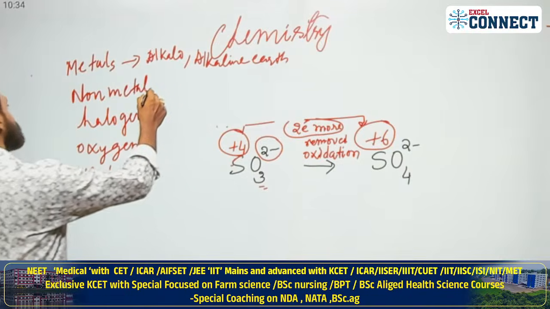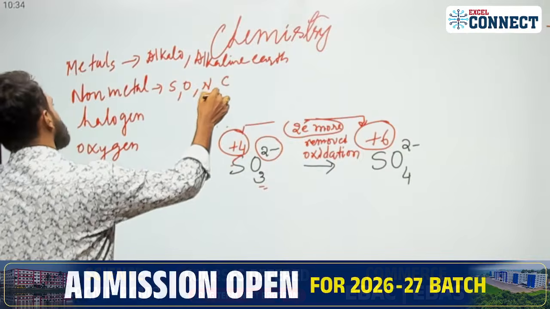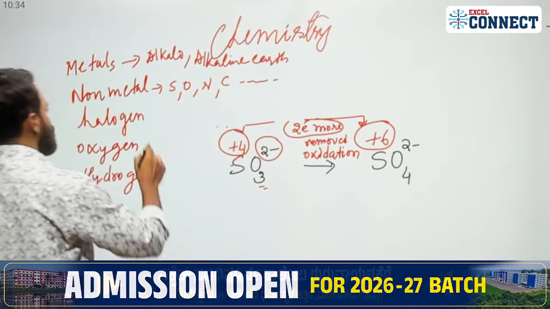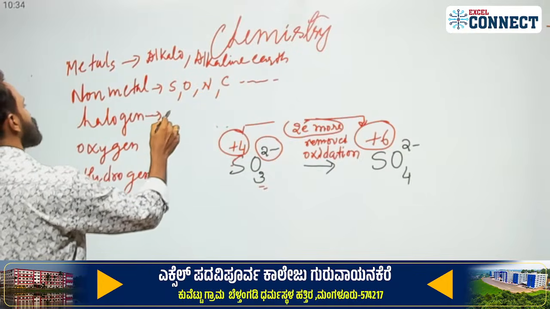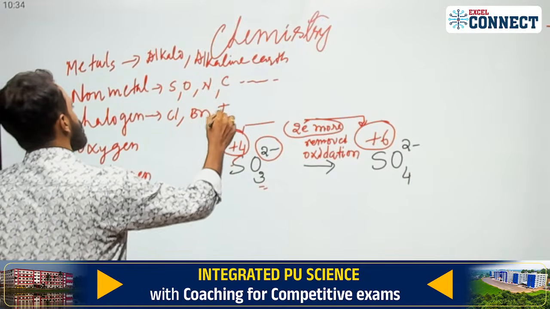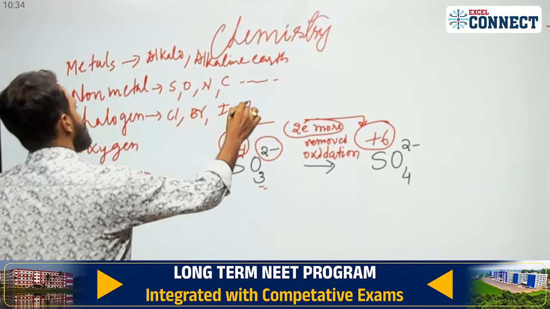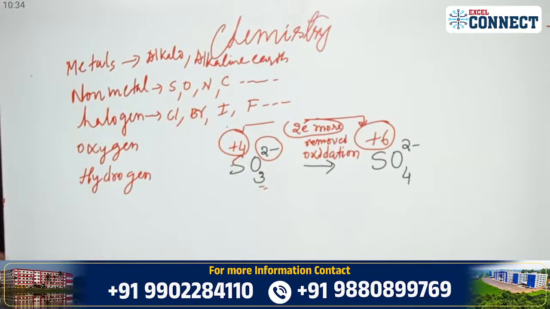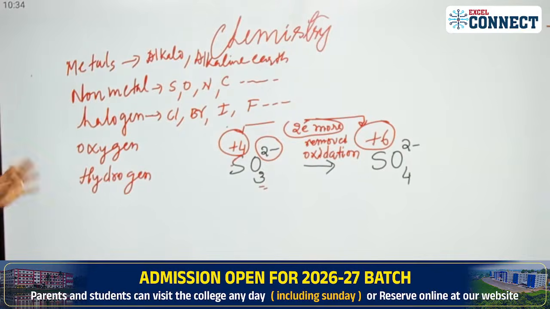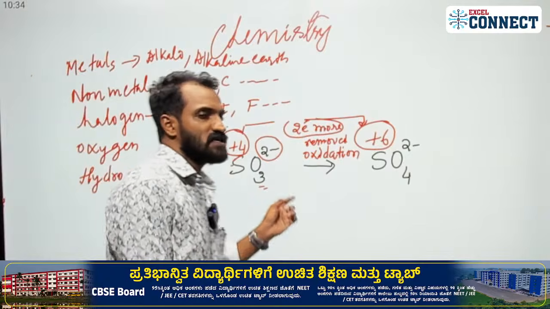Here non-metals means sulfur, oxygen, nitrogen, carbon, etc. Halogen means, you know, chloride, bromide, iodide, fluoride, astatine, etc. Then oxygen, then hydrogen. My dear students, in this case, is there any metal given?